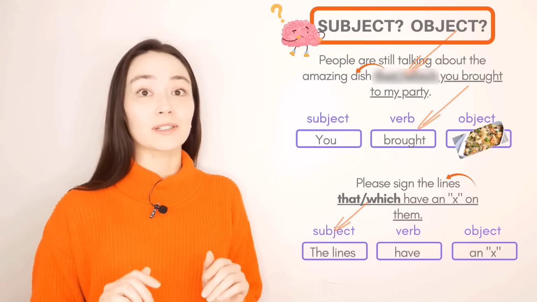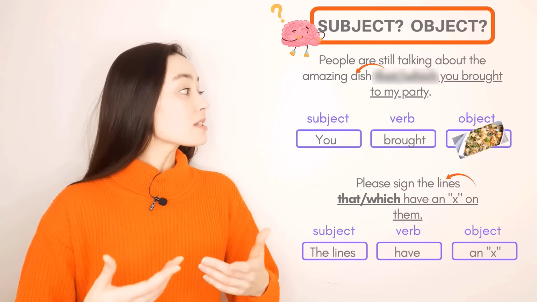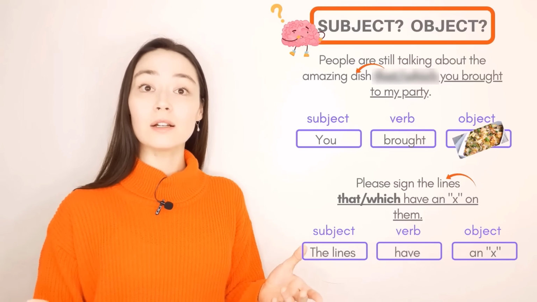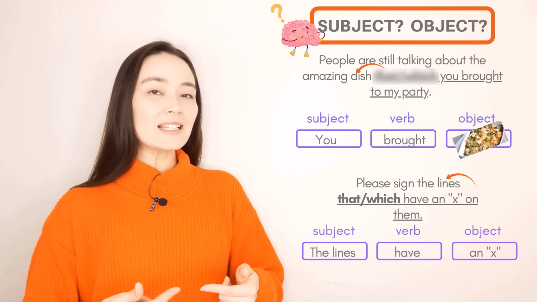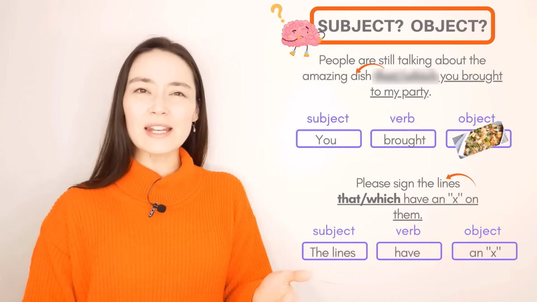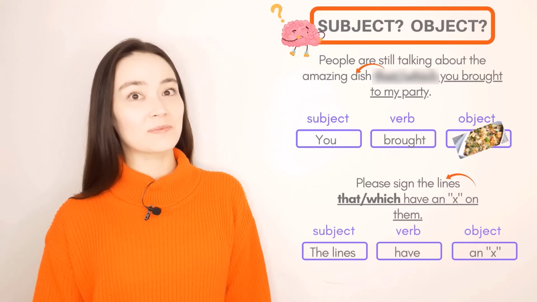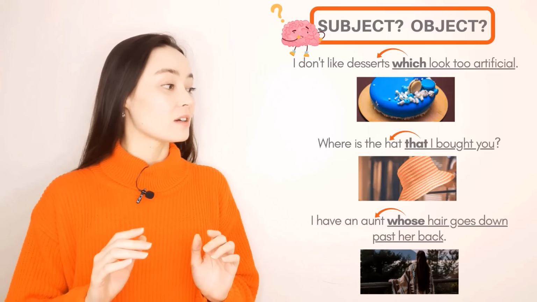It's too important. So in sentence 1, people are still talking about the amazing dish you brought to my party. That's perfectly correct. Please sign the lines have an X on them? Very unnatural.